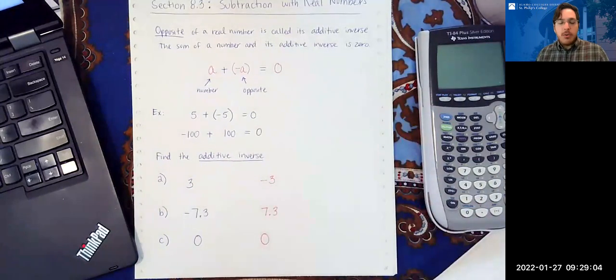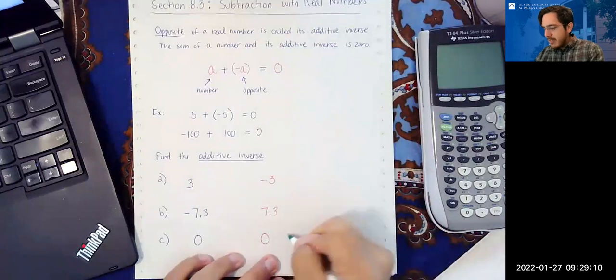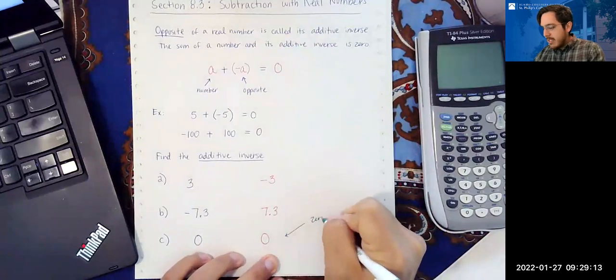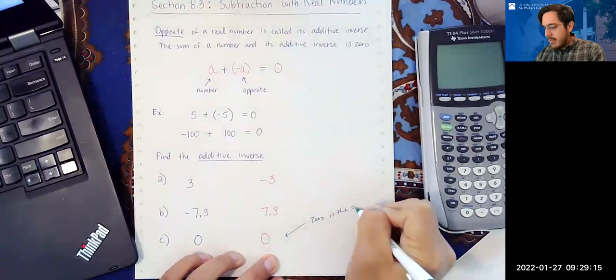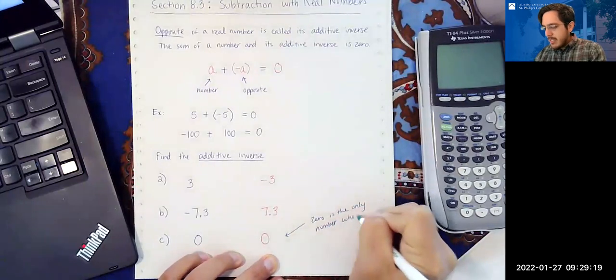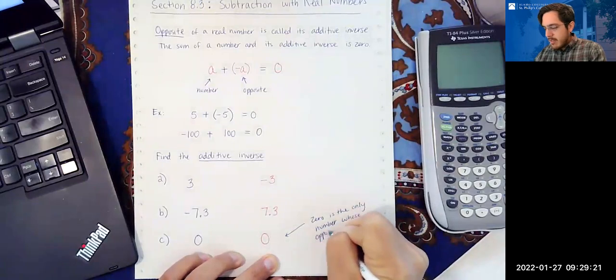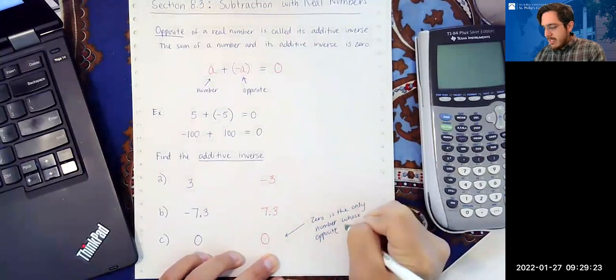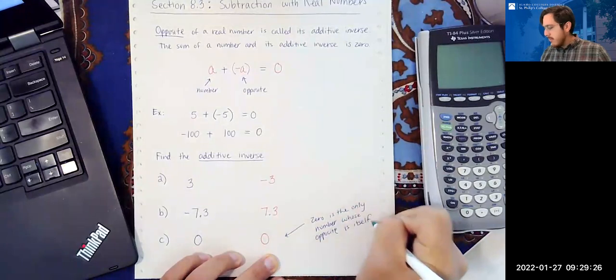So 0 is the only number whose additive inverse, or whose opposite, is itself. Maybe I'll make a note here: 0 is the only number whose opposite is itself.